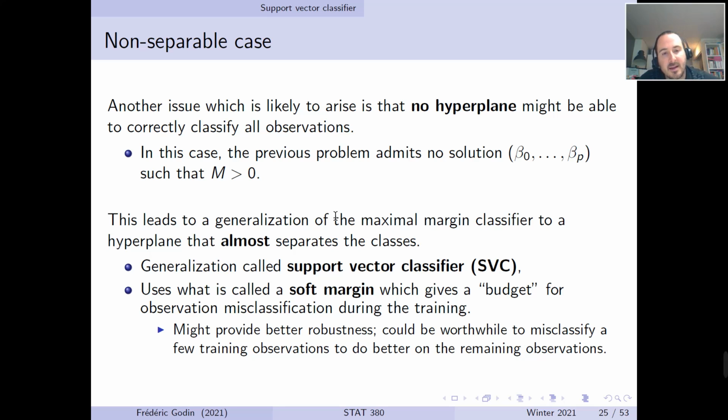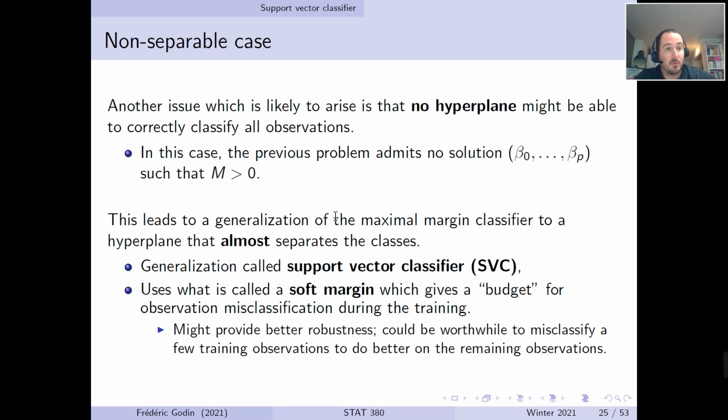The idea here is we're going to introduce a soft margin where, instead of allowing no observation to be inside the margin, we're going to allow some of the observations to be in the margin or even on the wrong side of the hyperplane.